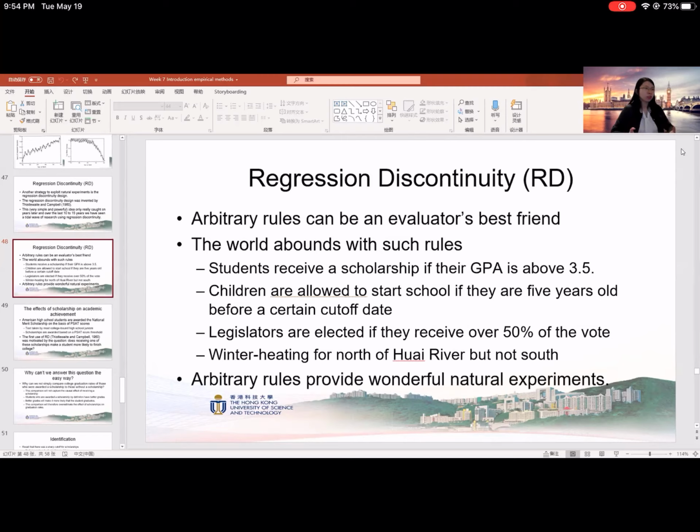Suppose there is such a rule. You can imagine it's going to be really nice if you're studying the effects of college on earnings. You can collect all the people whose college entrance exam scores are 600, 601, 602, and people whose scores are 599, 598.